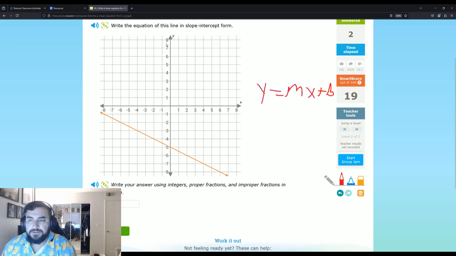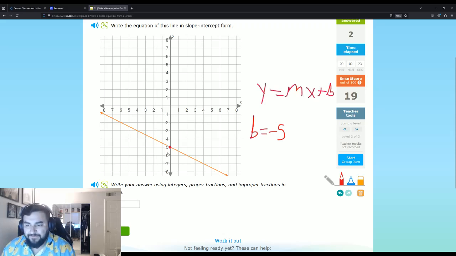Okay. So right here. Where does it touch the y-axis? Looking for my y-intercept. Right here. What number is that? Tell yourself, is that a positive or negative 5? That's a negative. So your b is equal to a negative 5. And it's okay to have negatives there.